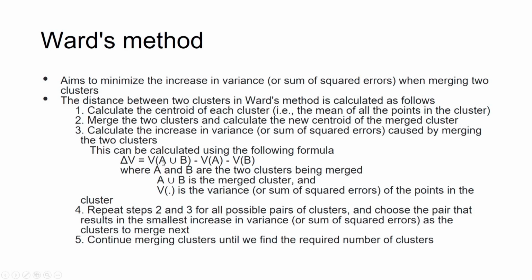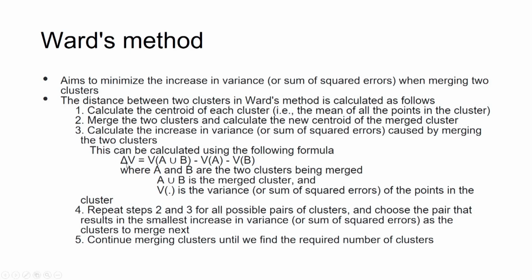And when we merged these two clusters, what is the variance? Then we can find out the increase in variance when we merged clusters A and B together. That will be variance of A union B minus variance of A minus variance of B, and this delta V is the increase in variance.